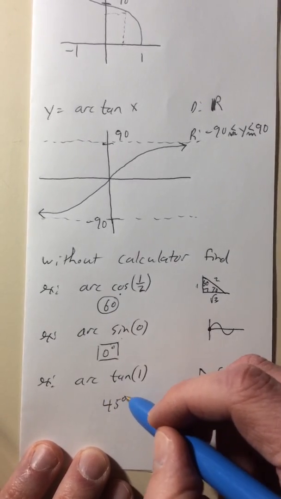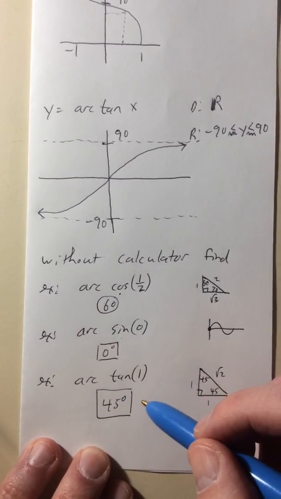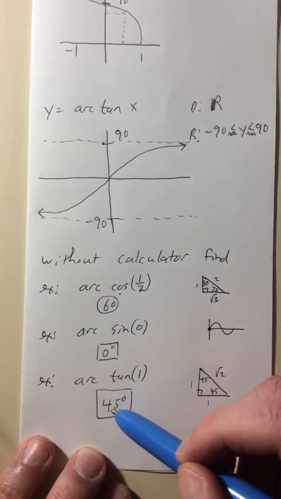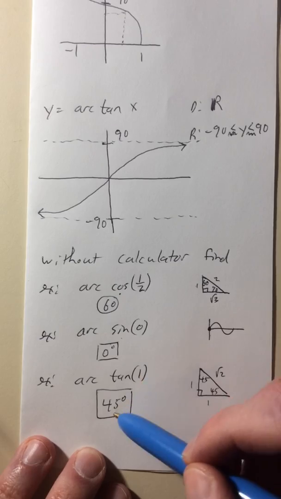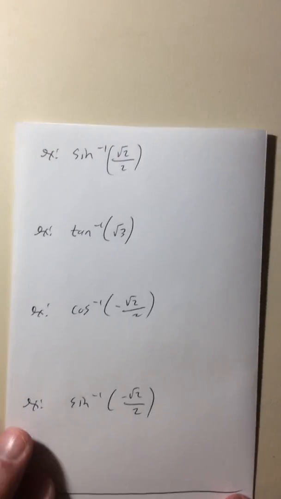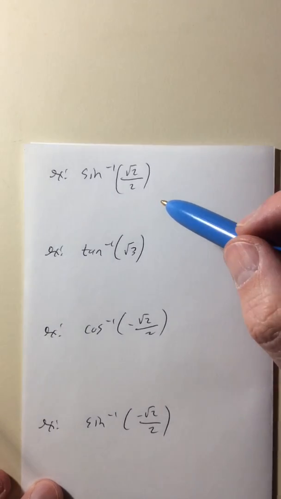And again, what I'm trying to do here, with thatquiz.org, is associate these things for you or with you. So we know that the tangent of 45 is 1. Or what angle has a tangent that's 1? 45 degrees. Okay, so let us do a few more of these that are a little less obvious.